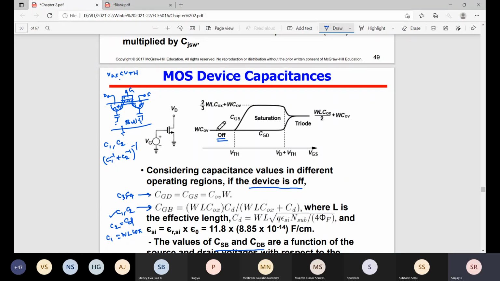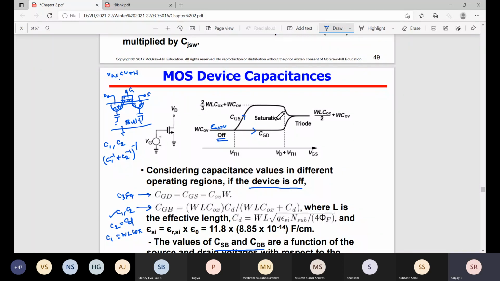Okay, so CGS is overlap. This curve is CGS. This curve is CGD. So CGS equals CGD because there is no channel. So source and drain, both are the same. So both are only the overlap capacitance.